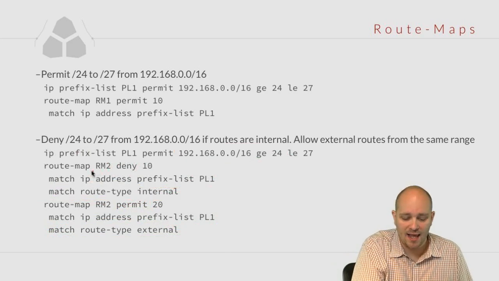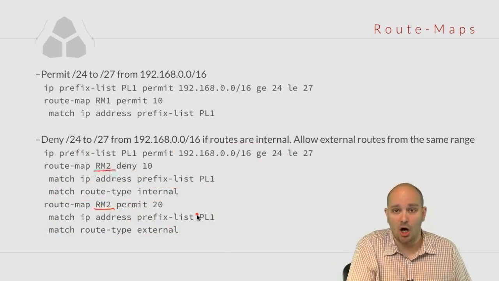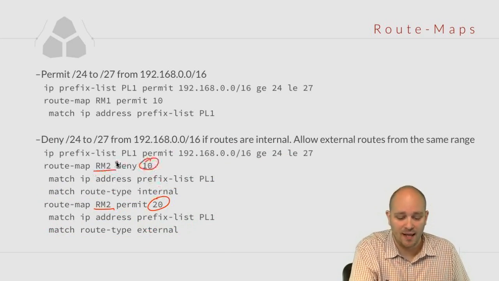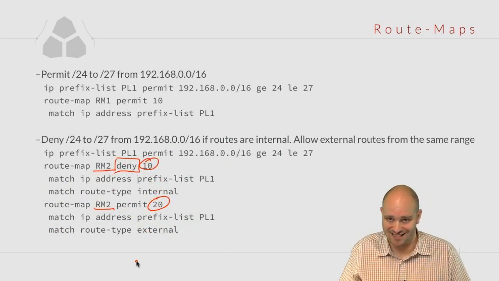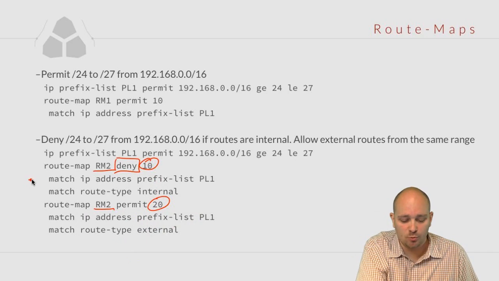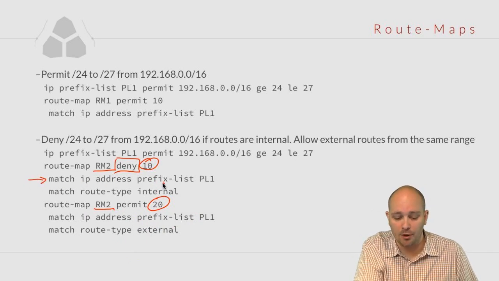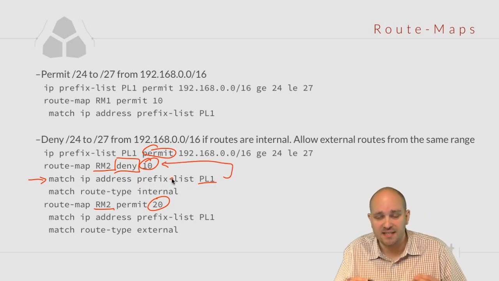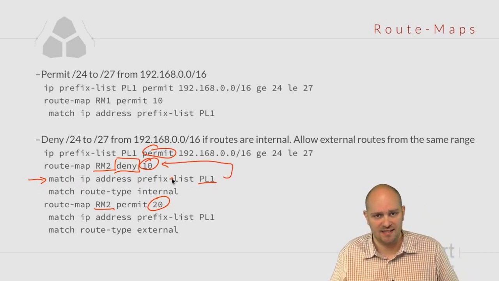First of all, I have my route map RM2 that has two sequences, 10 and 20. Now we can see that the first sequence has the action of deny. That means whatever is actually permitted by the prefix list that I'm matching here will be denied, because this here is a deny statement.